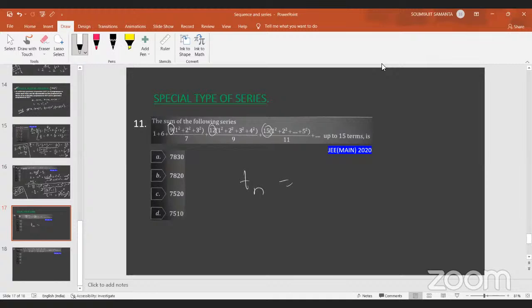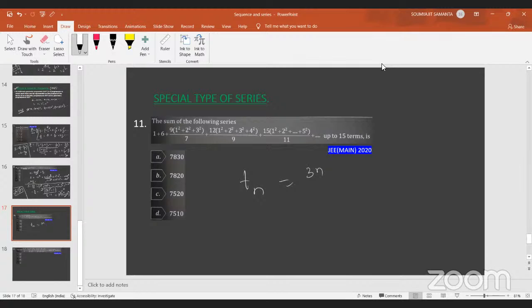So this is in the form of 3n. Yes or no? Because in the third term, it is becoming 9, fourth term 12, and fifth term 15. So this is nothing but a multiple of 3.